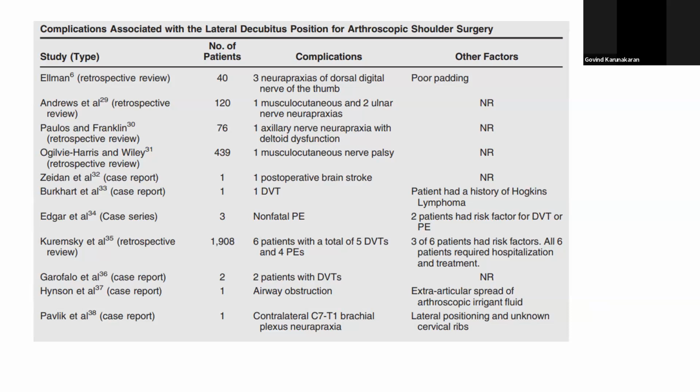And one more complication was brachial plexus neuropraxia, which happened in a patient with cervical spondylosis. So if a patient has cervical disease, the chances of complications developing will be increased in the lateral position.